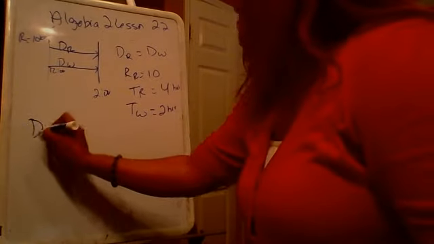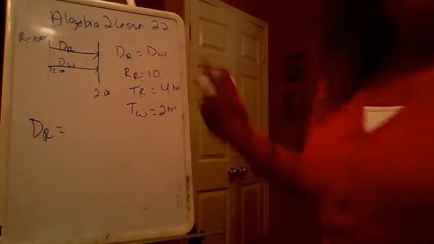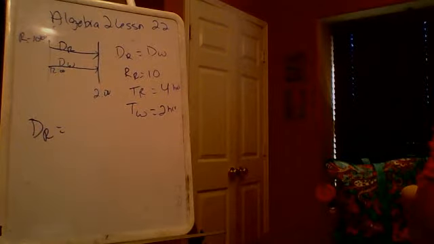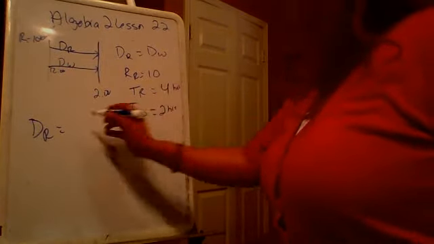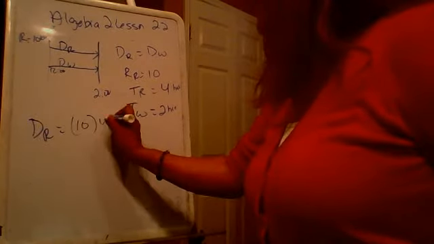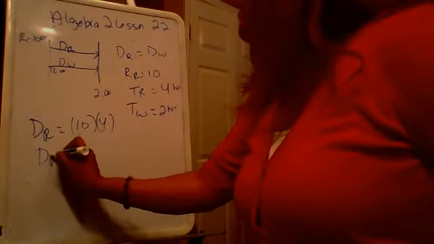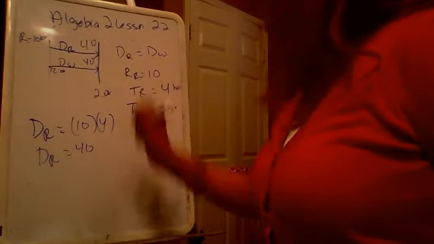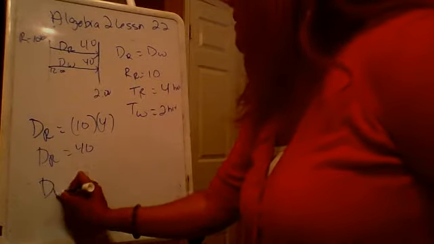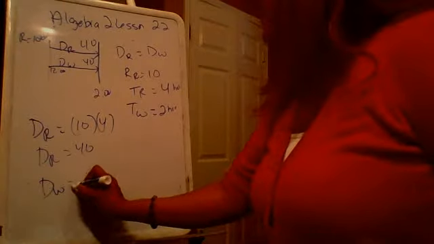So we could find D of R by saying his rate, 10 times 4, right? So the distance of Rabbit was 40 miles. Well, they have the same distance. So now the distance of W is also 40.